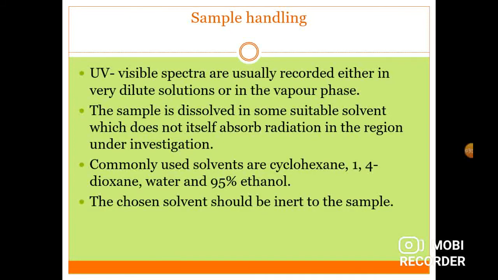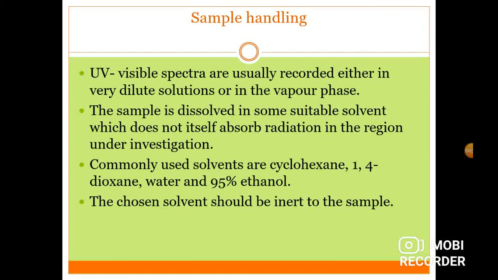Next, sample handling. How can we handle the sample for the UV spectrophotometer? The UV visible spectra are usually recorded either in very dilute solution or in the vapor phase. The sample is dissolved in a suitable solvent which does not itself absorb radiation in the region under investigation.